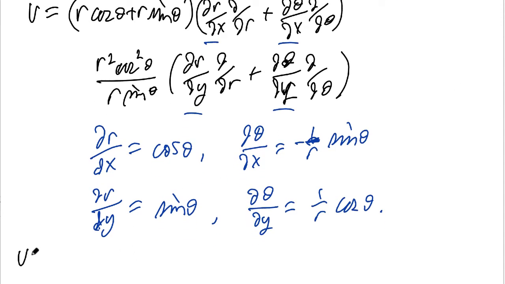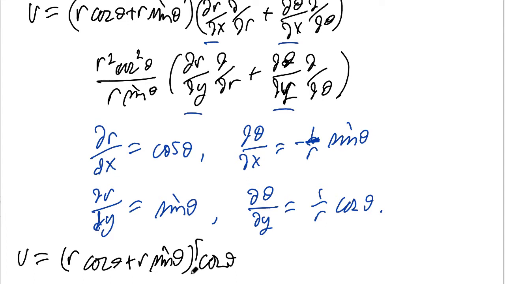Okay, when we do, what do we get? From the first term, we have r cosine theta plus r sine theta times dr dx, which is cosine theta, then d by dr, and from here we have d theta dx, that's minus 1 over r sine theta, d by d theta.